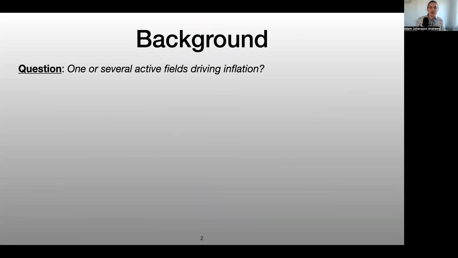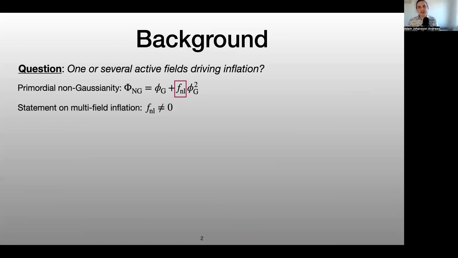The standard model predicts Gaussian-like initial conditions, but we can introduce primordial non-Gaussianity, to the simplest order, as a form of Taylor expansion of the primordial gravitational potential with this nonlinearity parameter FNL. Now, if we were able to detect or determine that FNL is non-zero, this would indicate that there were multiple fields active during this initial era of accelerated expansion, the primordial universe.